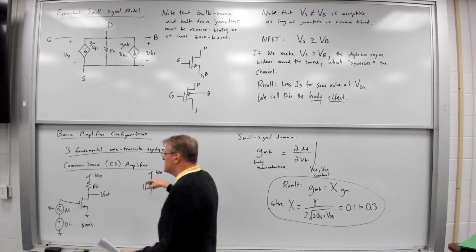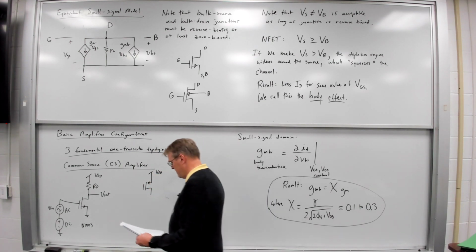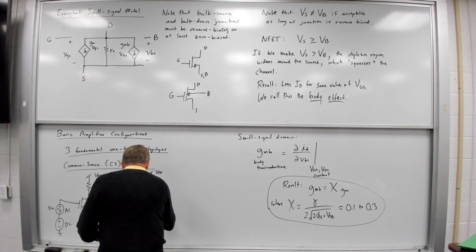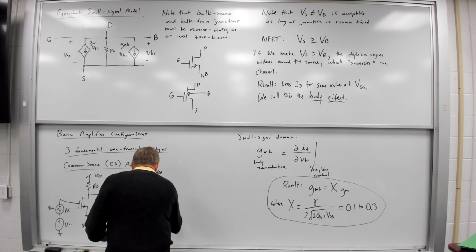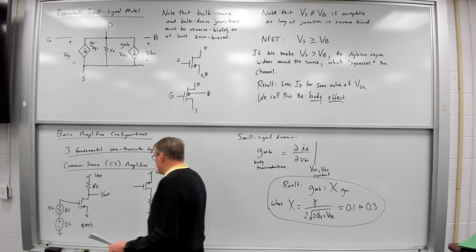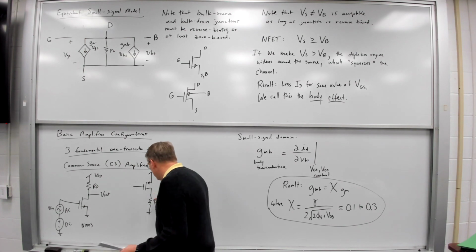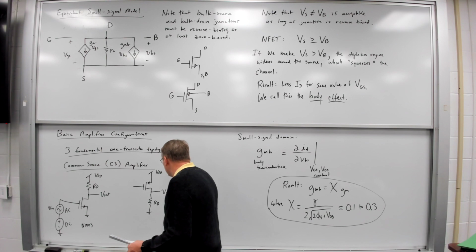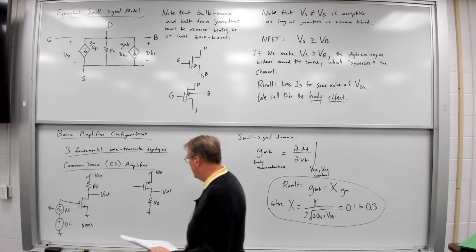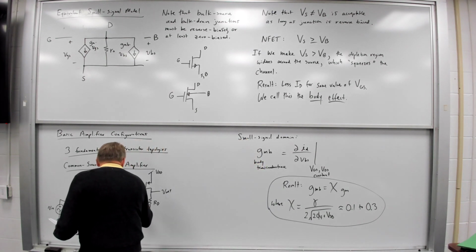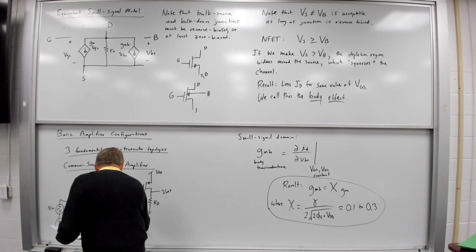In this case, the source is connected directly to VDD. Your drain is grounded through a drain resistor. Once again, your output voltage is at the drain. Once again, you have an AC source combined with a DC source.